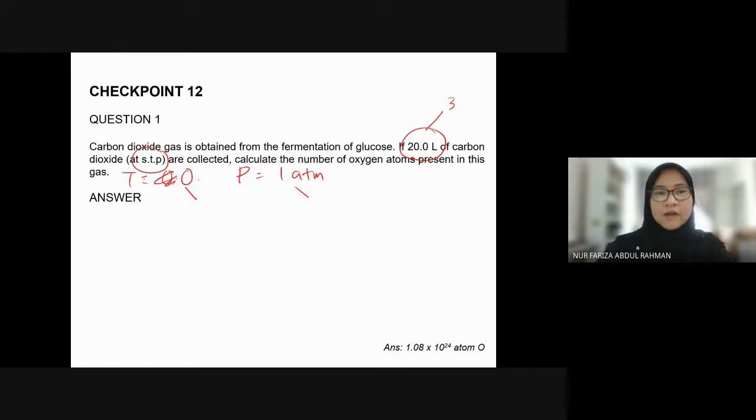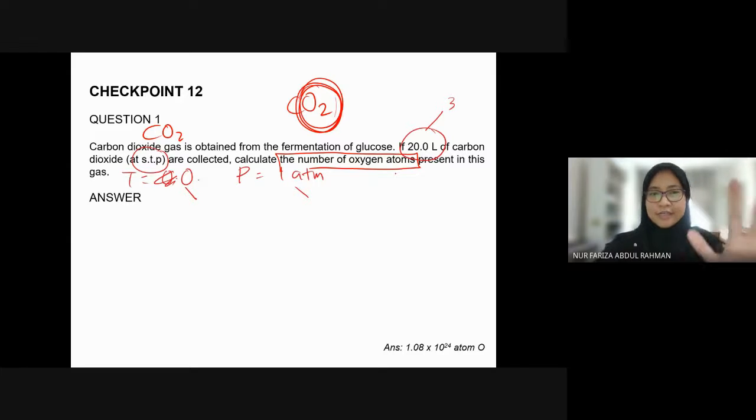If 20 liters of carbon dioxide, CO2, at STP are collected, calculate the number of oxygen atoms. So remember, carbon dioxide consists of 2 oxygen atoms, guys. There are 2 oxygen atoms. So the question is asking for oxygen atoms.